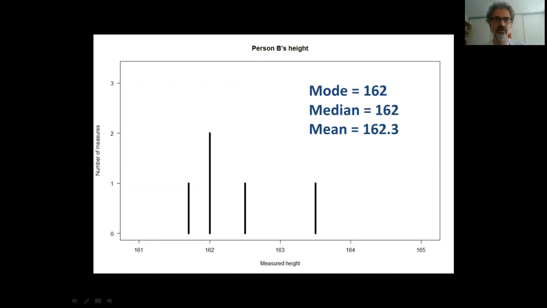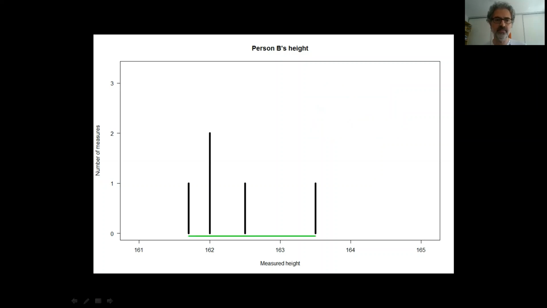As you may recall, these data have a mode of 162 centimeters because this was the value most often reported. The median is 162 because there is an equal number of measurements below and above this value. And the mean value of these measurements is 162.3 with 1 decimal digit with some rounding.